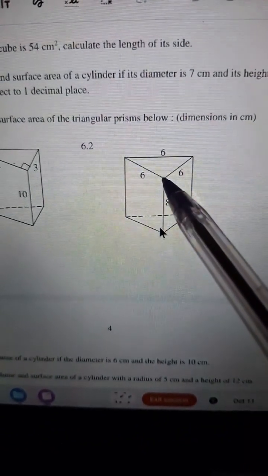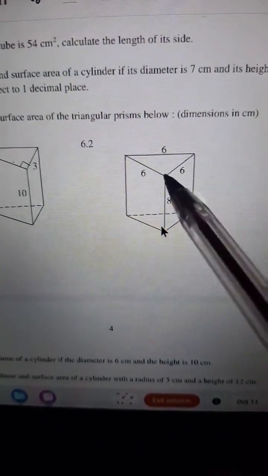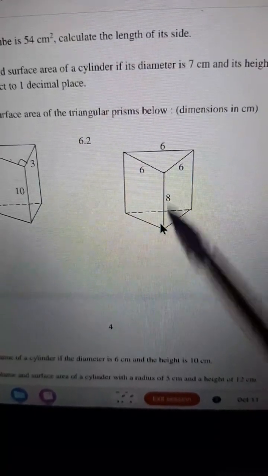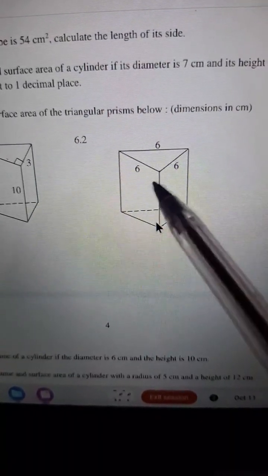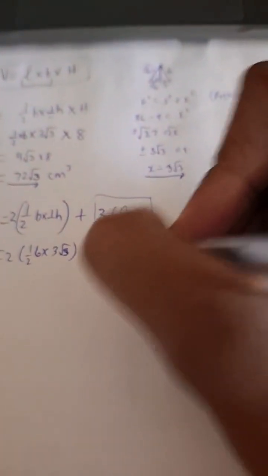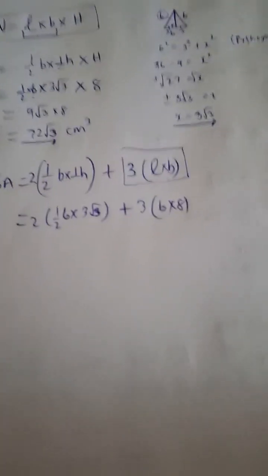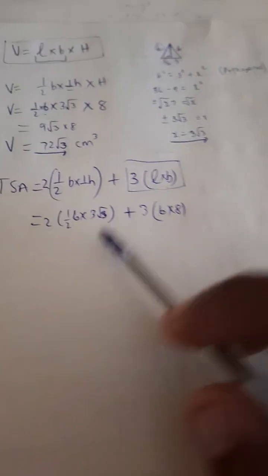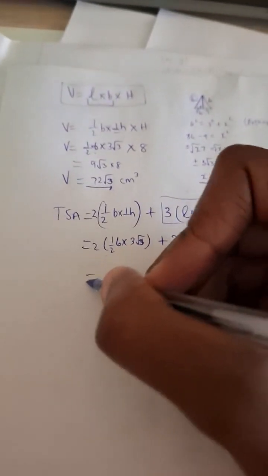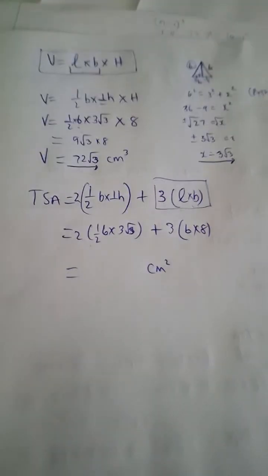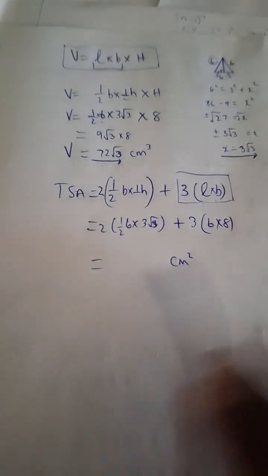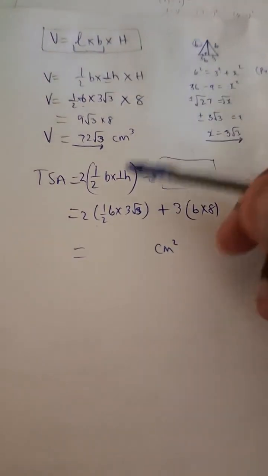Which length? The length of 8. Which breadth? The 6. So it's going to be 6 times 8. Then we can punch all of this in the calculator, guys, and get the answer in centimeters squared.